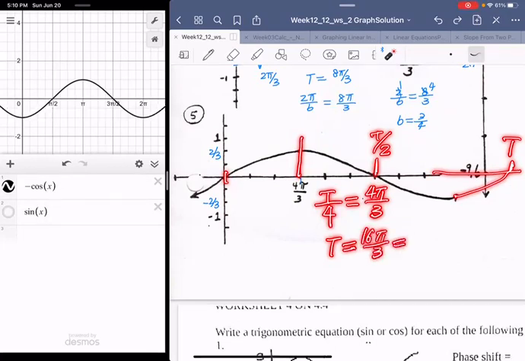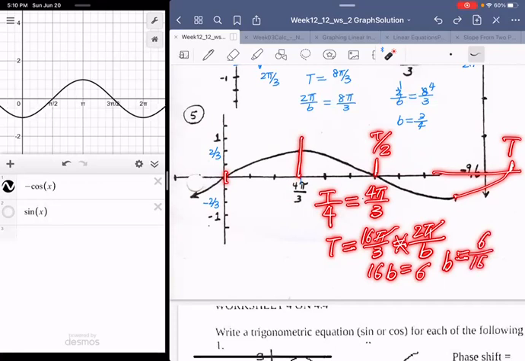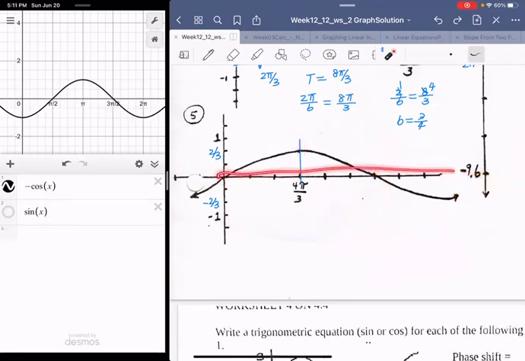What's the formula for T? T equals 2 pi over b. Okay, pi and pi canceled. That means 16 times b equals 6, cross multiplication. So b equals 3 over 8. Okay, so the result is, go ahead.